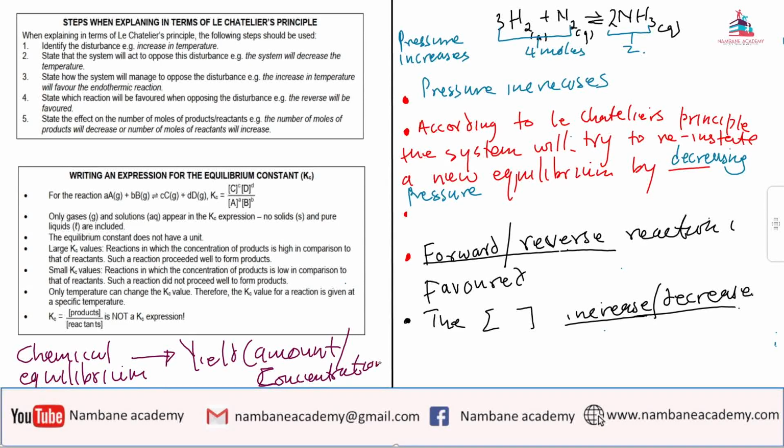So you'll find questions asking what will happen to the amount or the concentration of a particular substance in the reaction. So chemical equilibrium is interested in the amount. Rates of reaction is interested in how fast the reaction is. So the last bullet will not come in this particular fashion. I will show you. It will be those questions of increase, decrease, or remain the same.